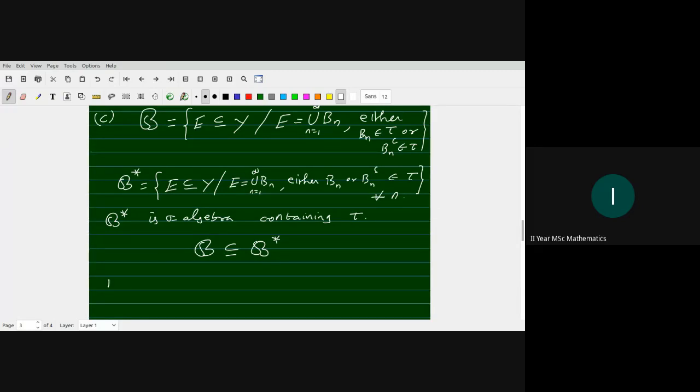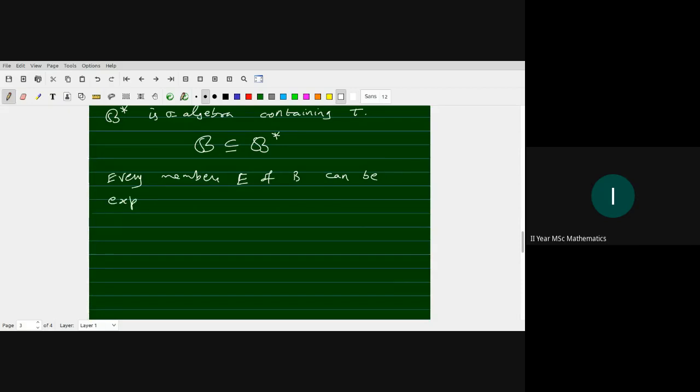Every member E of B can be expressed as a countable union of open sets or closed sets.